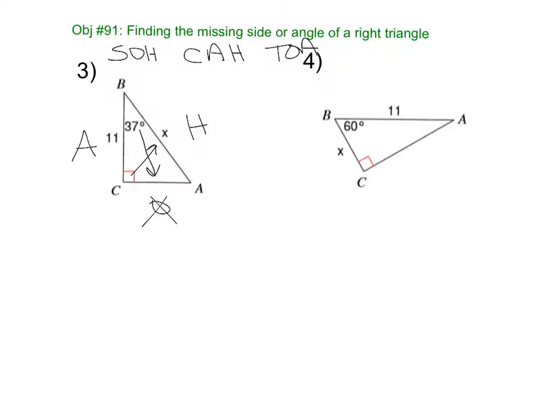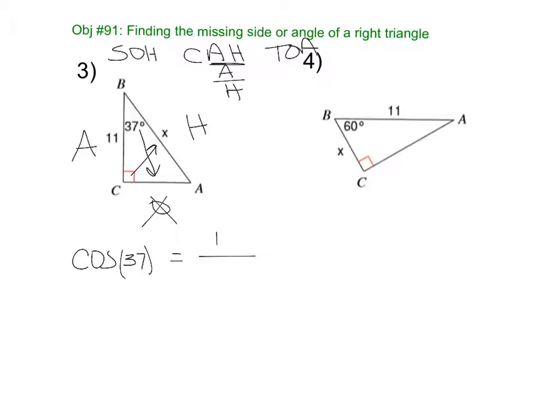So we have A and H, which means cosine. Cosine of the angle. Remember, the angle is on the inside, whatever's in the triangle, inside the parentheses. Cosine is A over H. The first letter is in the numerator, second letter denominator.